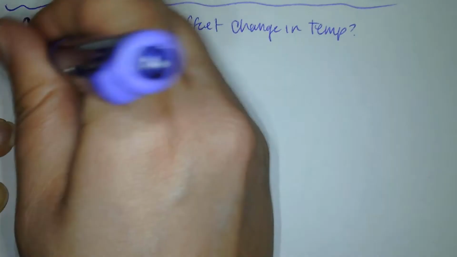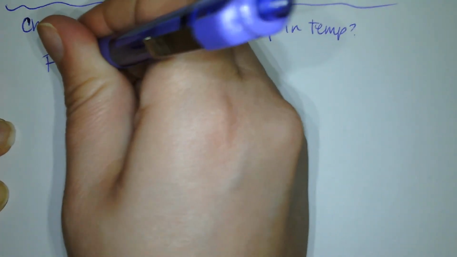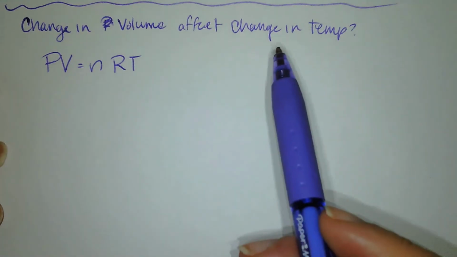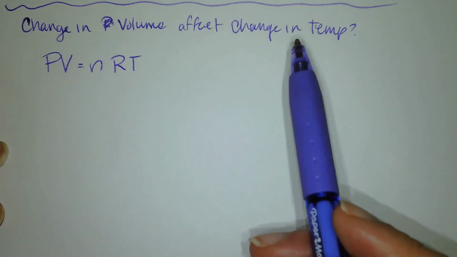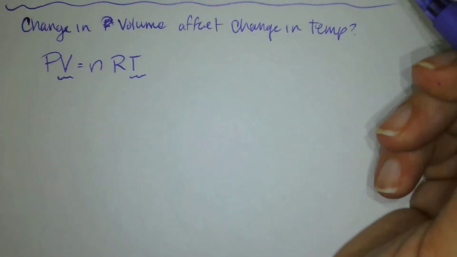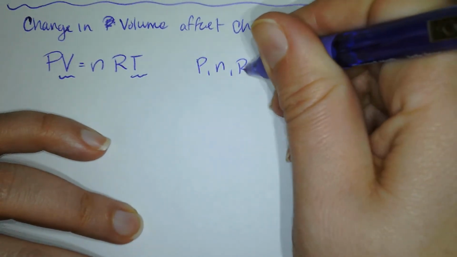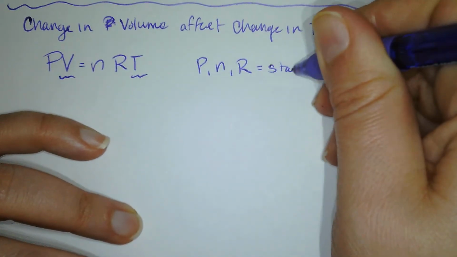So, back to PV equals nRT. What are we focused on? We're focused on volume and temperature. Those are the two that are going to change. Pressure, number of molecules, and R are going to stay the same.